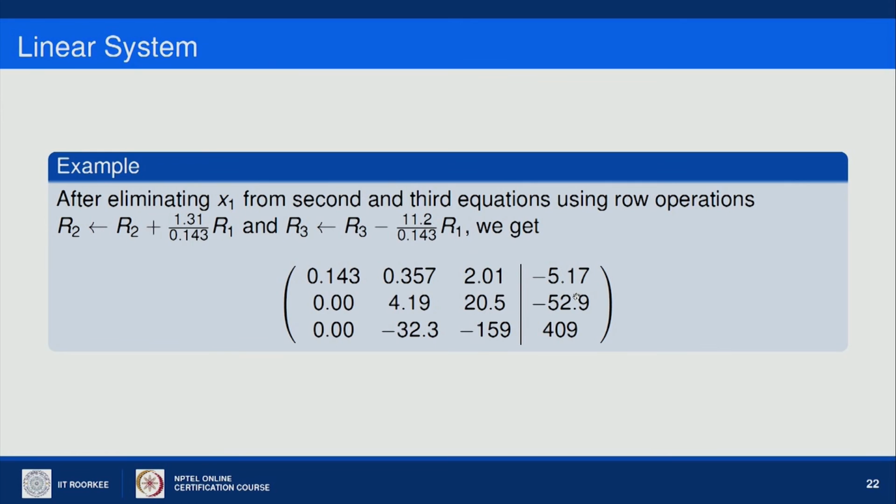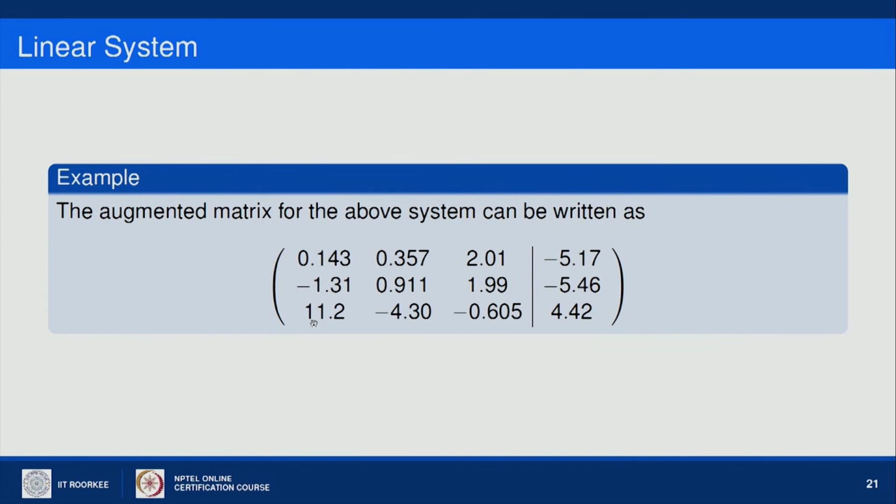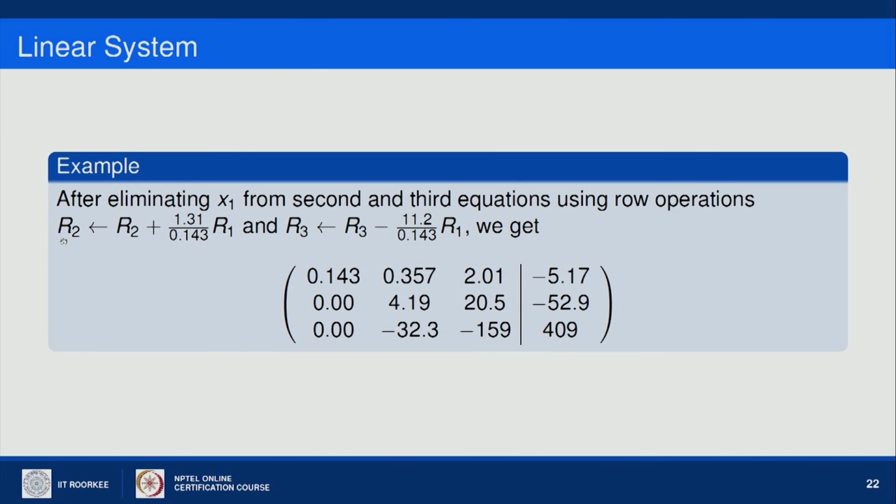Now, first of all I need to make these two entries 0 with the help of the first one. For that I will use the row operations R2 is replaced by R2 plus 1.3 upon 0.143 R1, and R3 is replaced by R3 minus 11.2 upon 0.143 R1. We get this particular matrix.